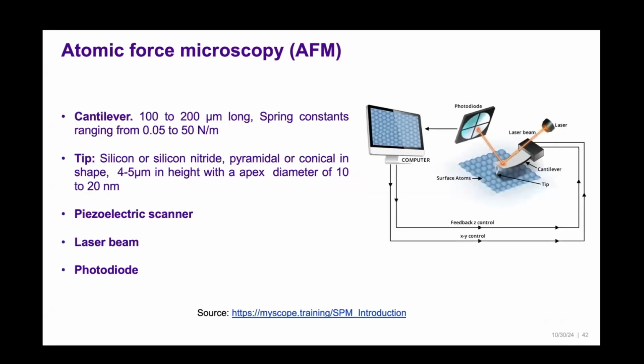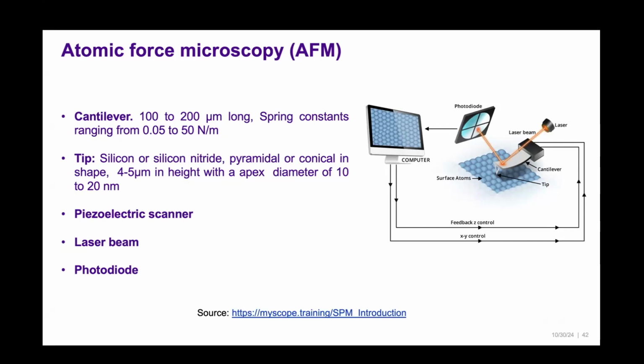And how does it work? It has a few important components. The first one is a cantilever. This cantilever is about 200 micrometer long, and it has a spring constant of about 50 Newton per meter, because it has to bend. Then it has a tip.